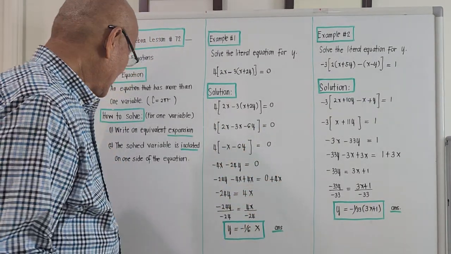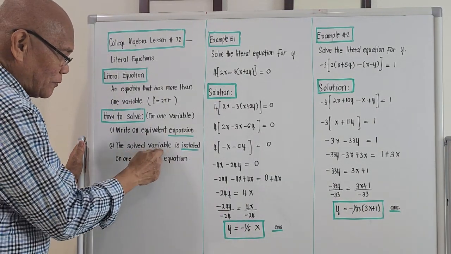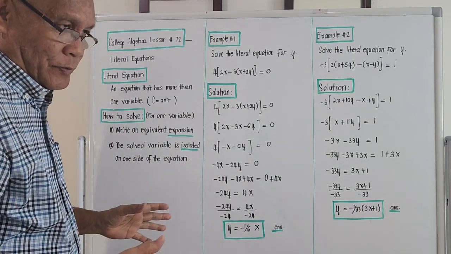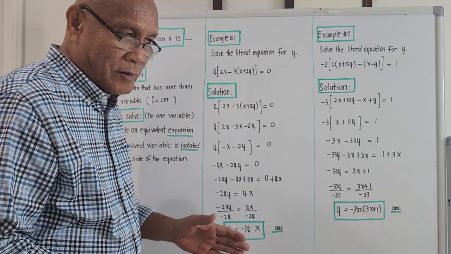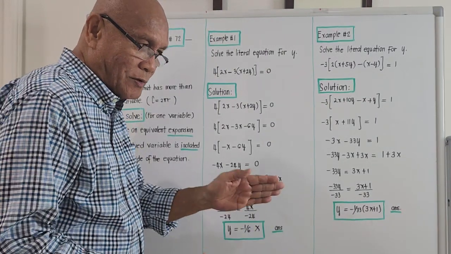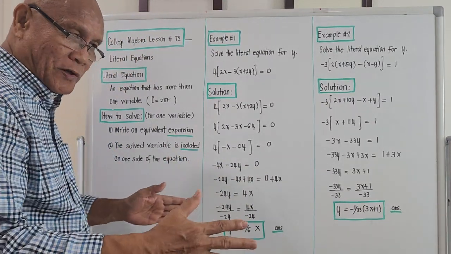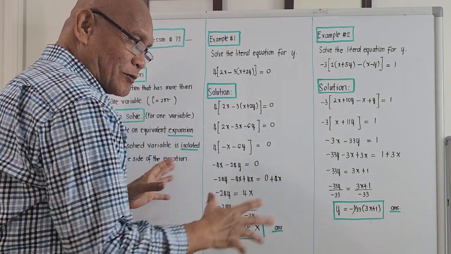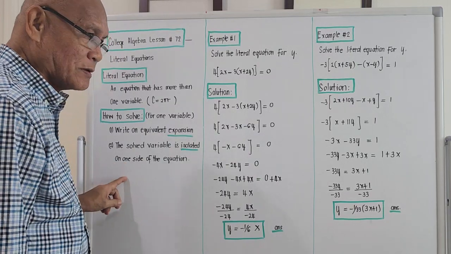And the next one, the solved variable is isolated on one side of the equation, meaning the variable which is required is isolated. It is placed always on the left-hand side, and all the other variables containing the literal equation will be on the right-hand side. That's the meaning of this.